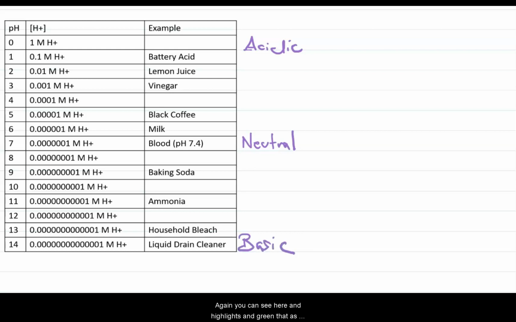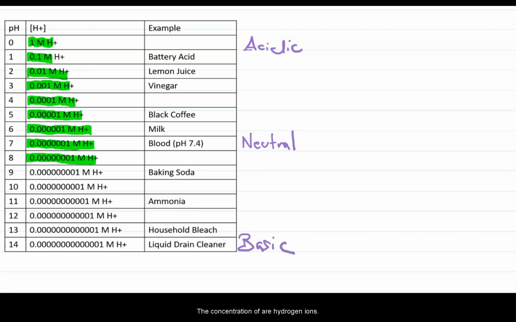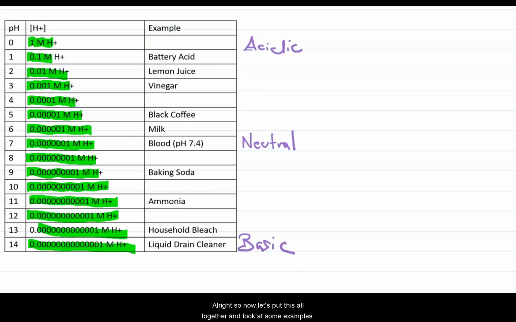Again, you can see here, I'm going to highlight this in green, that as we get higher and higher in our pH, the concentration of our hydrogen ions is going down and down, lower and lower. All right, so now let's put this all together and look at some examples.